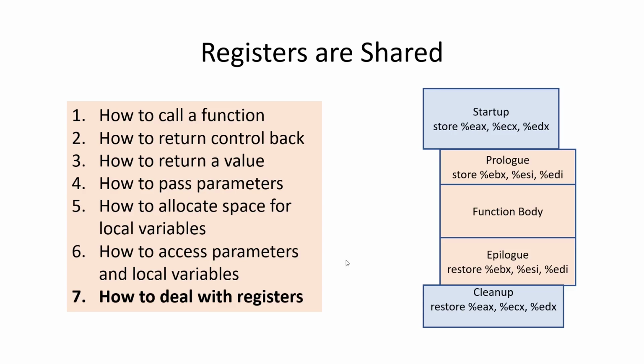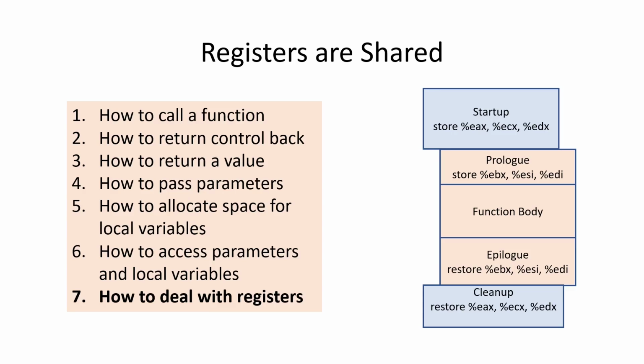So I've got, in my calling convention format here, all the different pieces of a function call and all the different things they're responsible for. So to summarize the register piece of it, EAX, ECX, and EDX, let's call them A, C, and D, are not guaranteed to be constant. So if my function needs them, I need to store them.